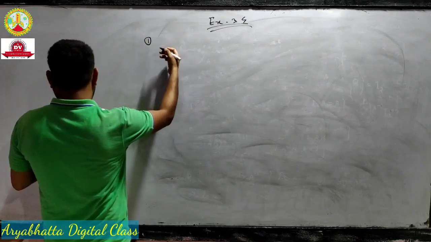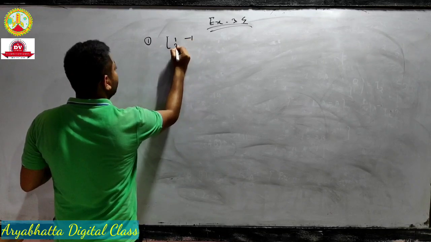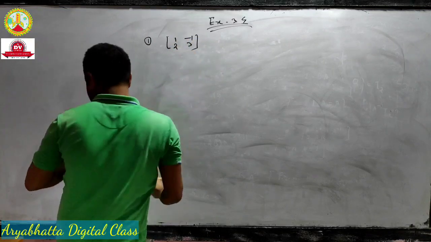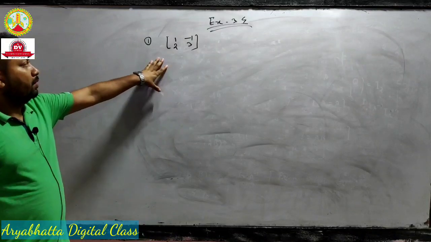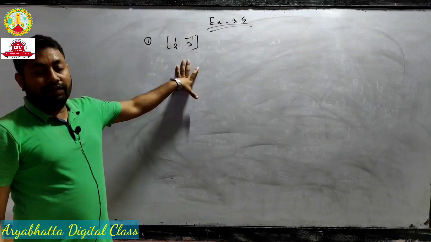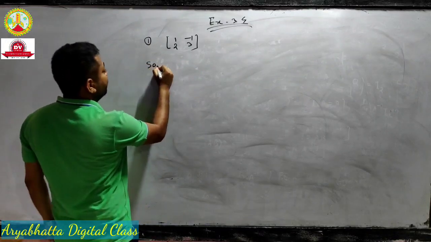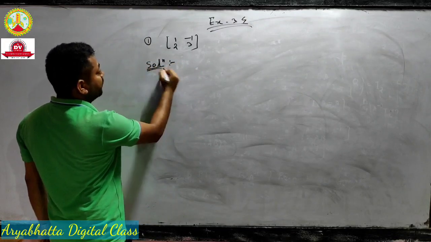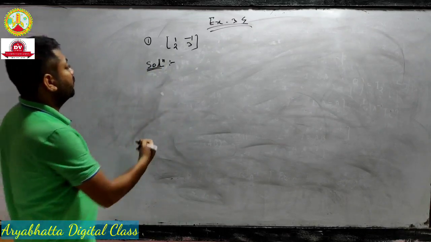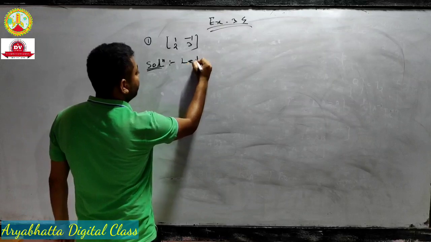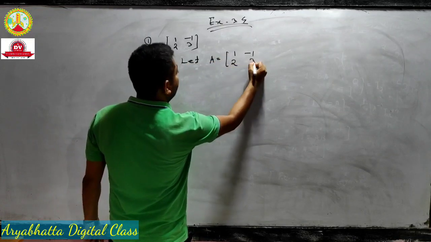Question number 1. The matrix [1 -1; 2 3]. Find the inverse by using elementary transformations. Let A equal to [1 -1; 2 3].